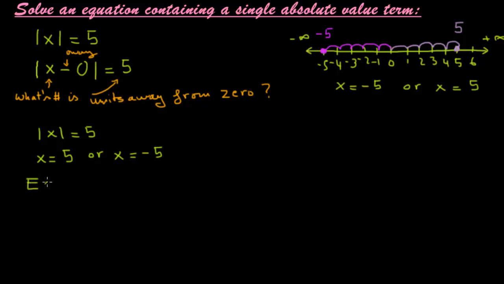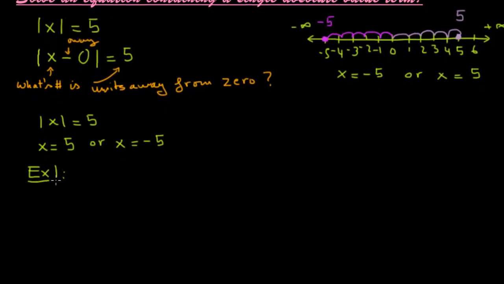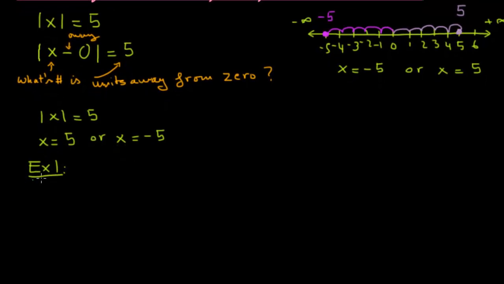Example 1: absolute value of 3x minus 2 equal to 5. As the idea we learned before, the next step is to drop the absolute value. When I drop the absolute value, we have two equations.